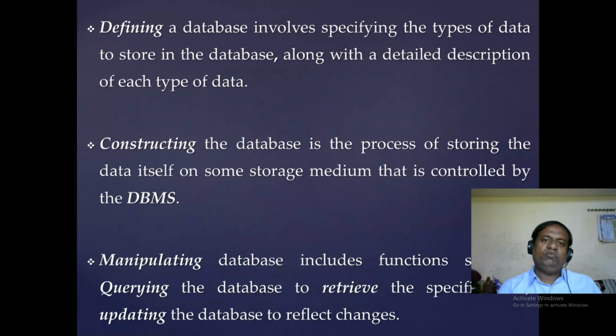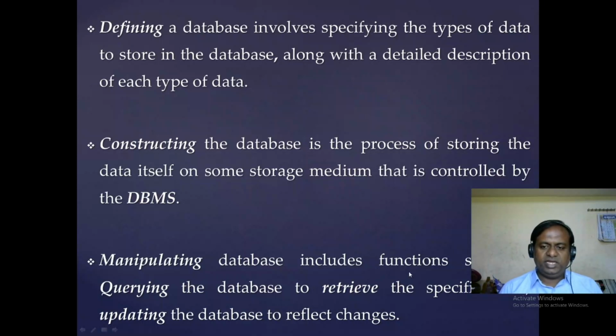Okay. Now you defined the data, you constructed the data. Now you can see the data that you have created. After viewing the information, if you find that there are some errors in the data that you have entered, we need to correct those errors. To correct those errors, we need to manipulate the database. Manipulating means correcting or changing or updating or modifying.